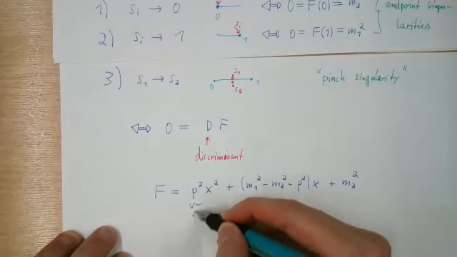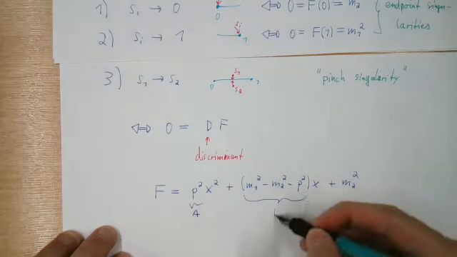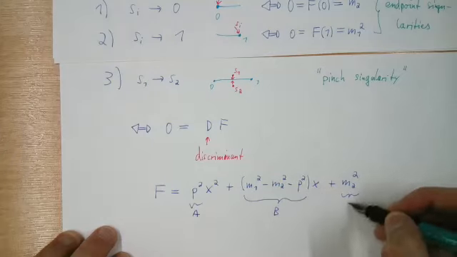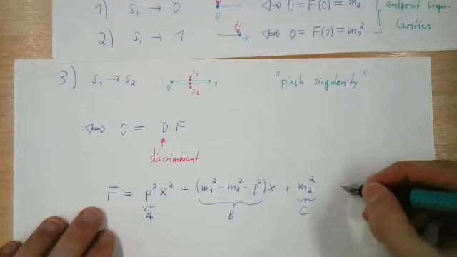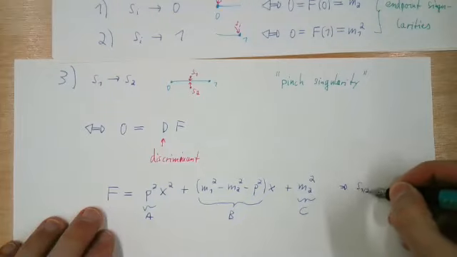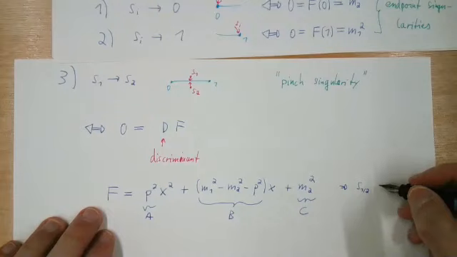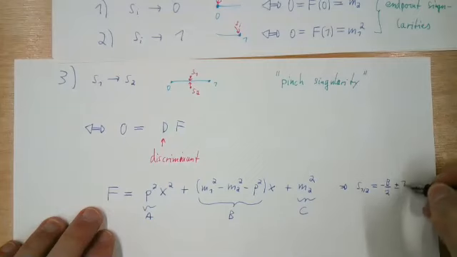And if you call this a and b and c, then you know that if you compute the zeros, S12 is something like minus b over 2a plus minus the square root of b squared minus 4ac over 2a.